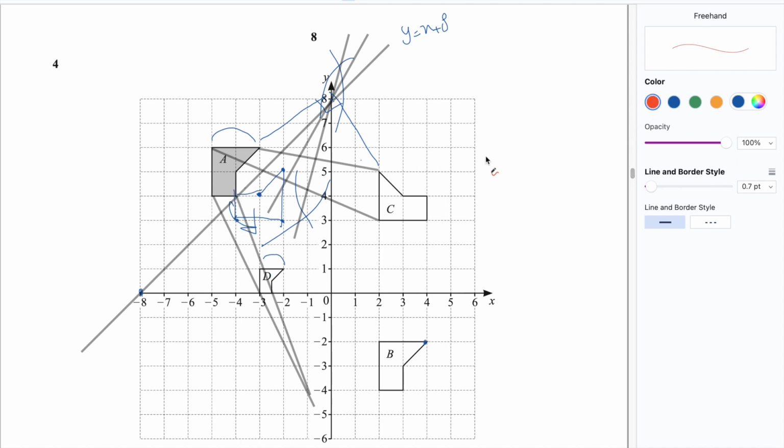Let me change the color. This one will be the image. But using a ruler, it should be constructed.